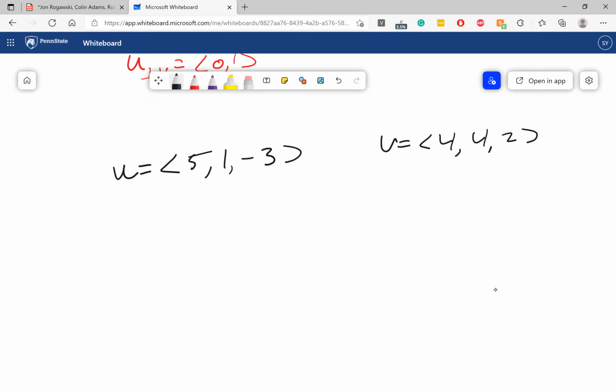Actually, everyone take a couple of minutes and try to find the decomposition. So try to find the parallel part and then subtract that from U, and that will give you the orthogonal part. And then I'll do it.